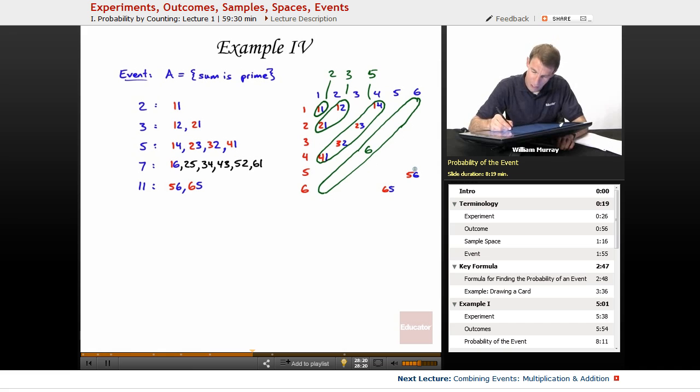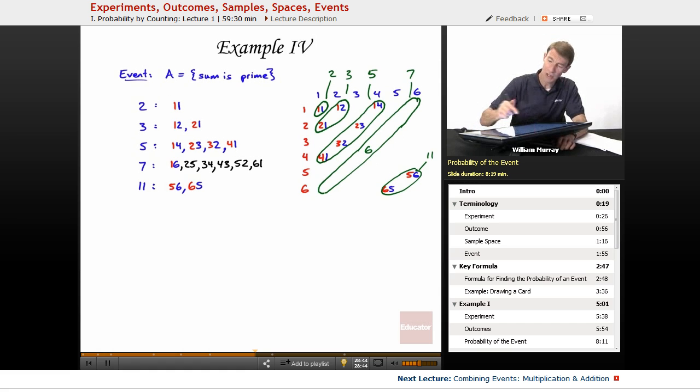So there's a shorter diagonal stripe there. This is to get 11. This was to get 7. And so we can look at these diagonal stripes and the lengths of these stripes to calculate the total probability of this event. We just add up all the lengths of those stripes. So that's kind of a good way to check that we haven't overlooked any possibilities here.